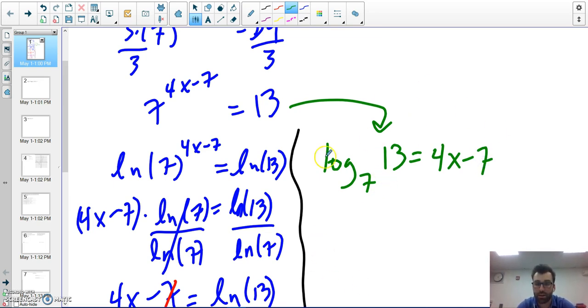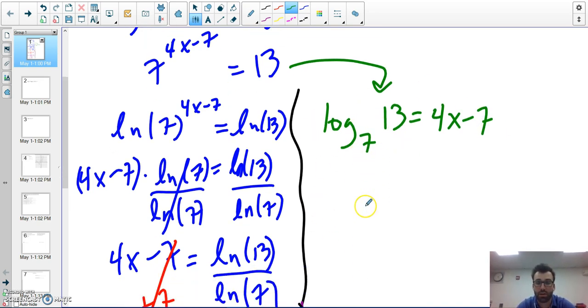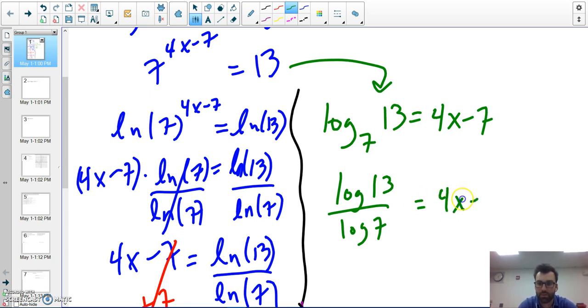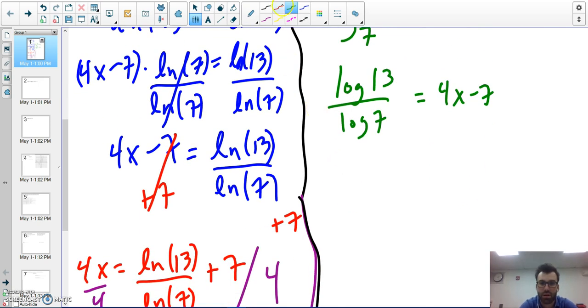Now, with a newer calculator, you can do this in your calculator. With an older calculator, I have to use a change of base: log of 13 divided by log of 7. Then the same operations apply: I'm going to add 7 to that and then divide by 4. I should still get the same answer.